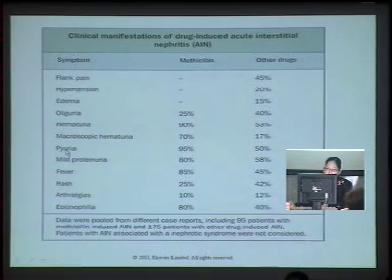Urine pyuria, meaning the white blood cells in the urine. For methicillin, they have more, but we don't use methicillin anymore these days. Other drugs, it's less than 50%. So if you don't see white blood cells in the urine, or the urine is normal, you cannot exclude this. So it's just a diagnosis of suspicion.